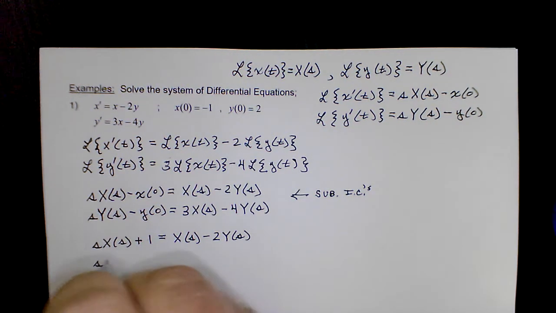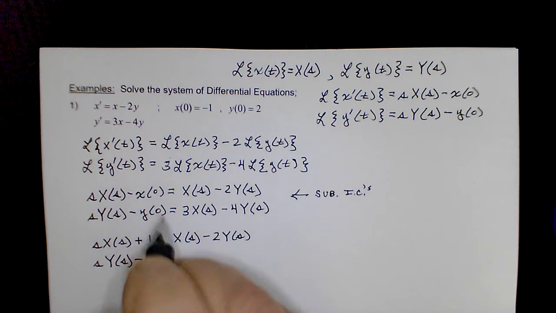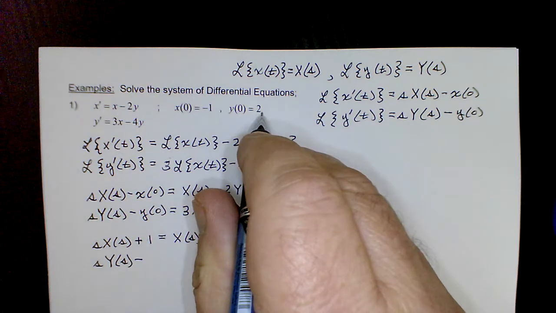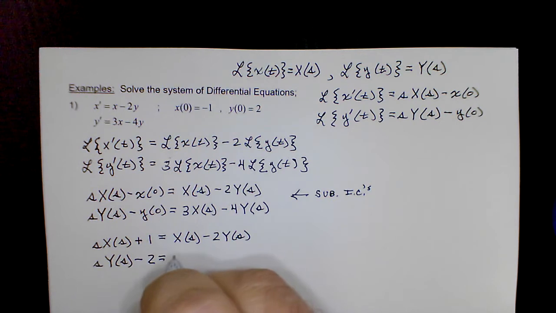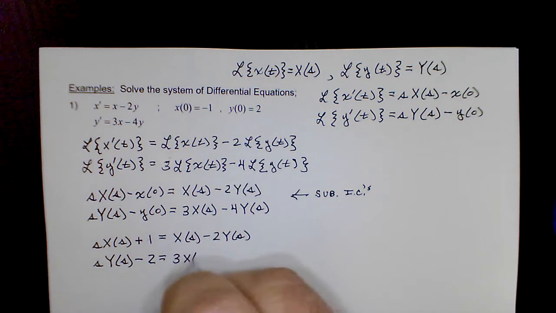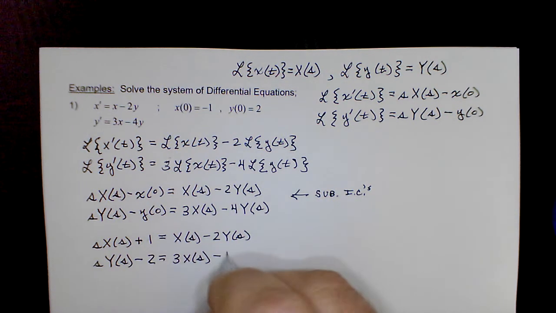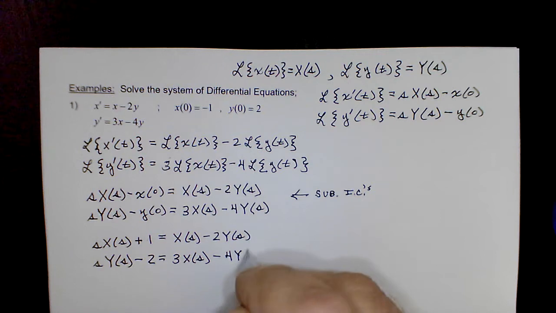And similarly, s Y of s minus y of 0, which was 2, will equal 3 X of s minus 4 Y of s.